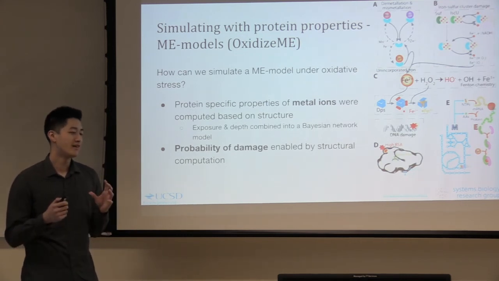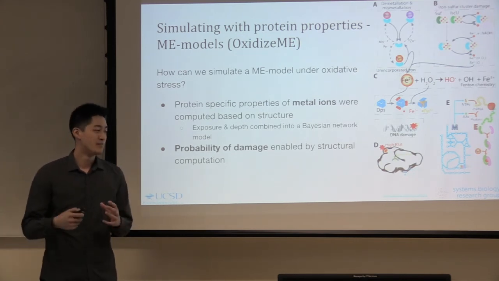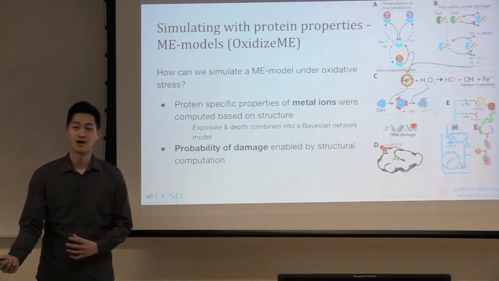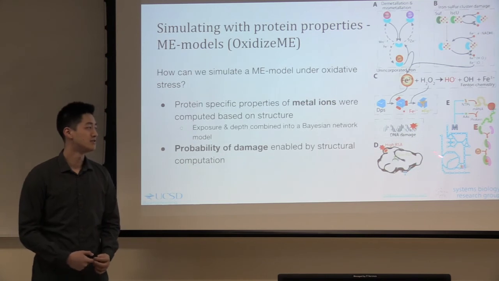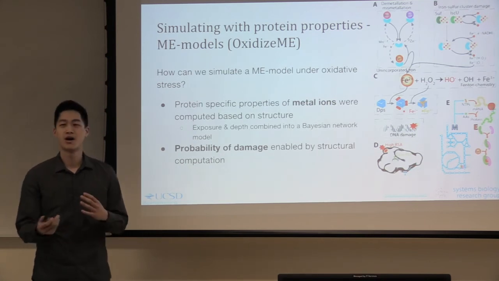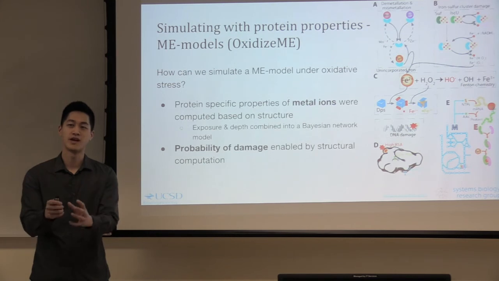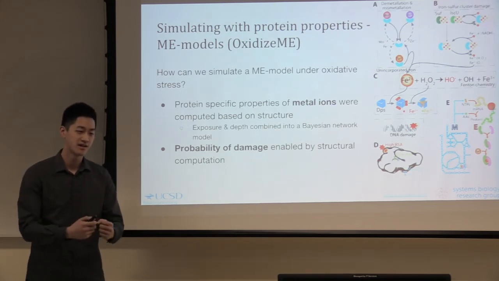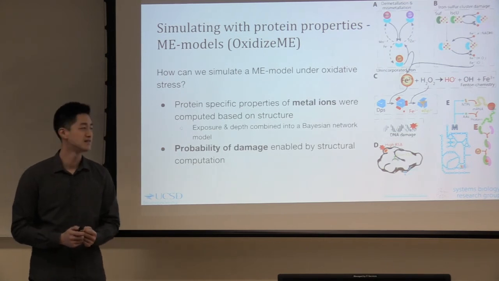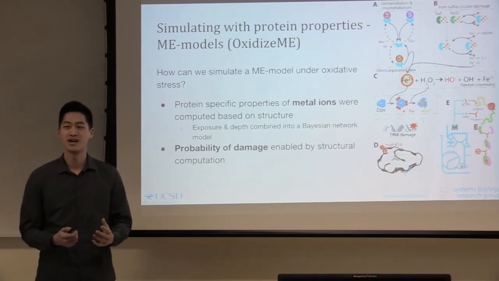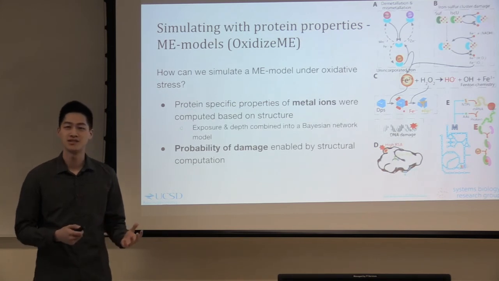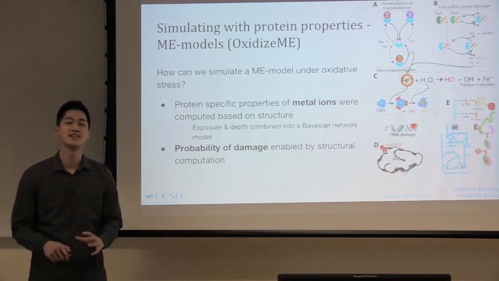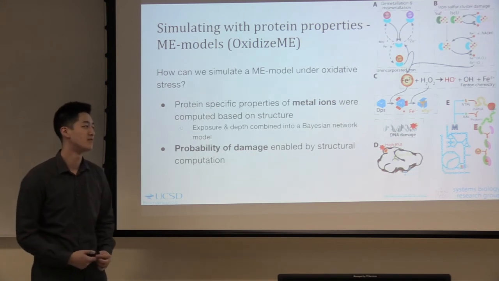So when you have a protein, it may have a metal binding site, and these metals are often susceptible to being damaged by ROS. And with a protein structure, you can calculate the probability of damage based on the location of this metal ion. If a metal ion is safely buried away from ROS, it will probably not be damaged. And that was found in a couple of studies where a metal binding site was deeply buried and not accessible to solvent within a protein.